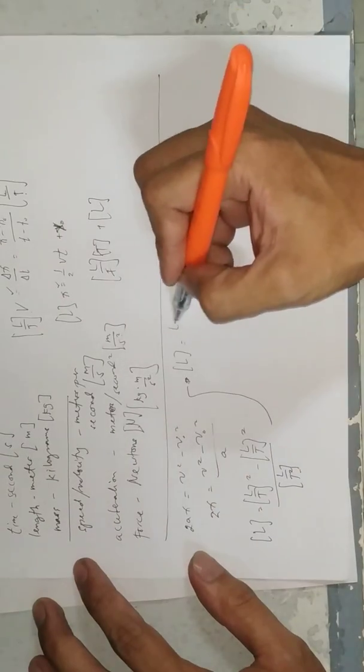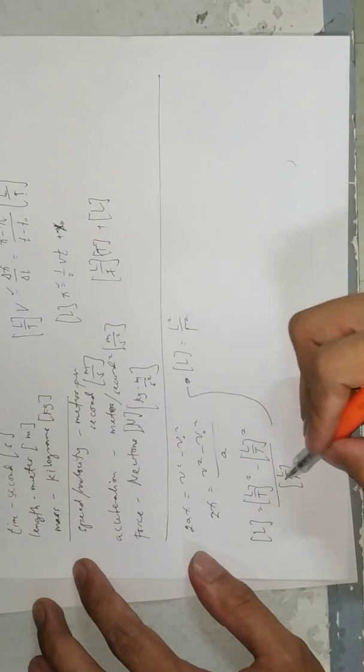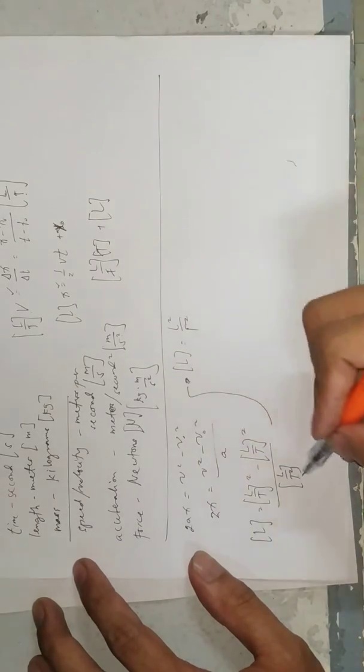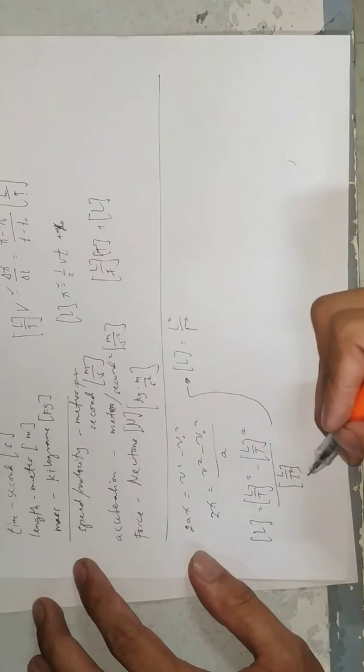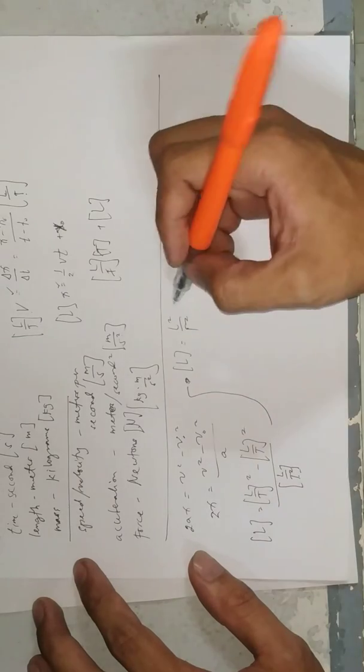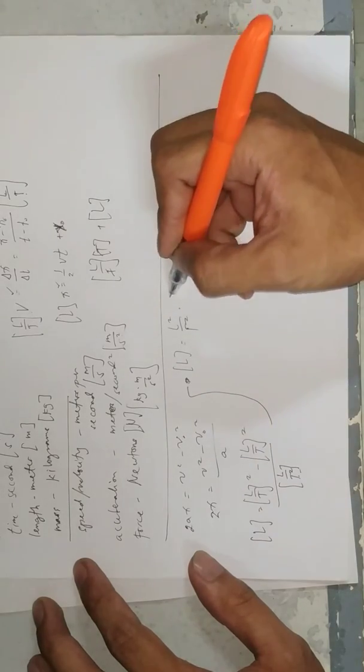This becomes L square over T square divided by L over T square. In dividing fractions, you take the reciprocal and then proceed to multiplication.